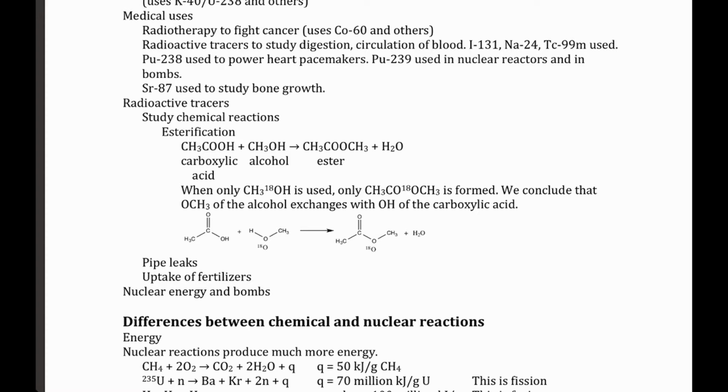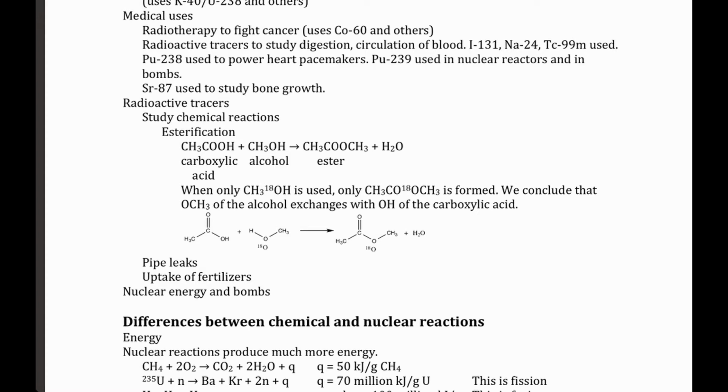Let's say that we were wondering if the OH on the carboxylic acid is completely replaced by the OCH3 on the alcohol in producing the ester, or if only the H on the carboxylic acid is replaced with only the CH3 from the alcohol.